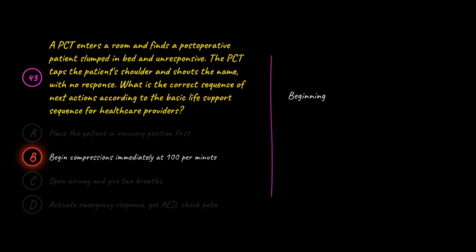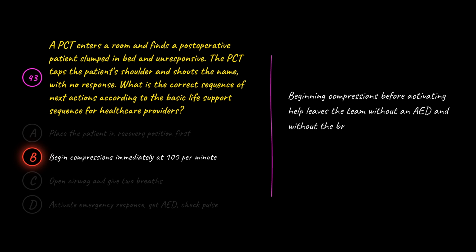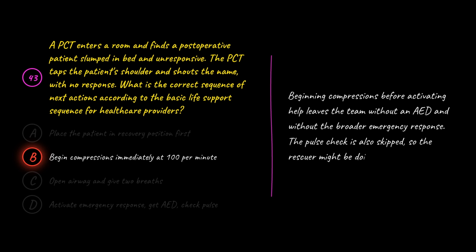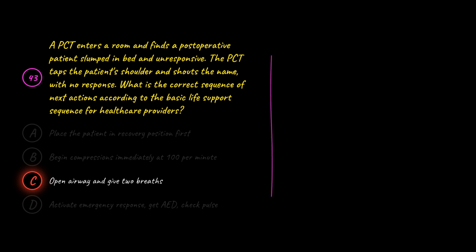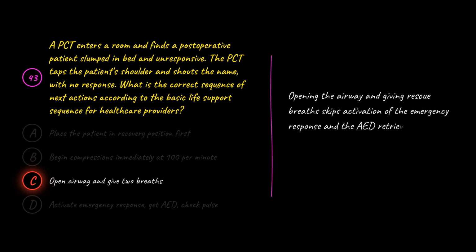B is wrong because beginning compressions before activating help leaves the team without an AED and without the broader emergency response. The pulse check is also skipped, so the rescuer might be doing compressions on a patient who has a pulse. C is wrong because opening the airway and giving rescue breaths skips activation of the emergency response and the AED retrieval.